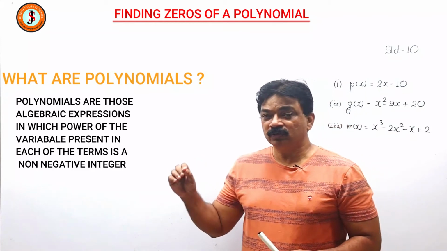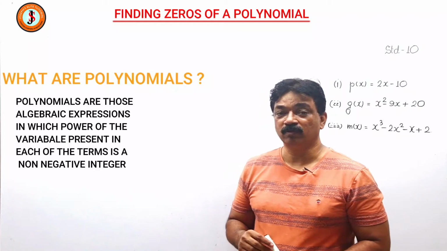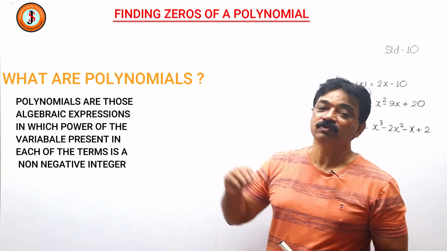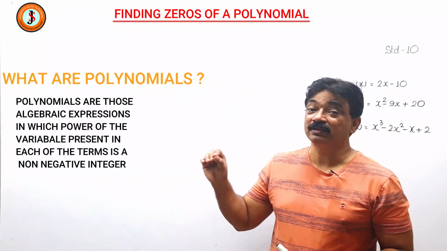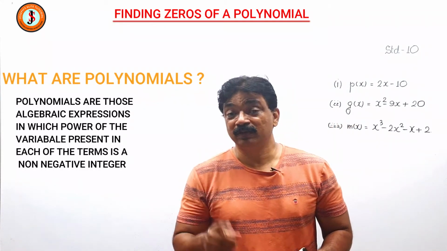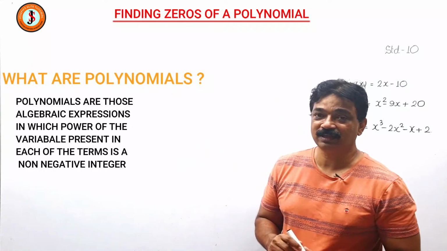But 3 by x square plus 5 is not a polynomial. Why? Because 3 by x square means x square will come to the numerator, and it will become 3x to the power negative 2. That means the power of the variable in one of the terms is negative, so it is not a polynomial. That is the example.